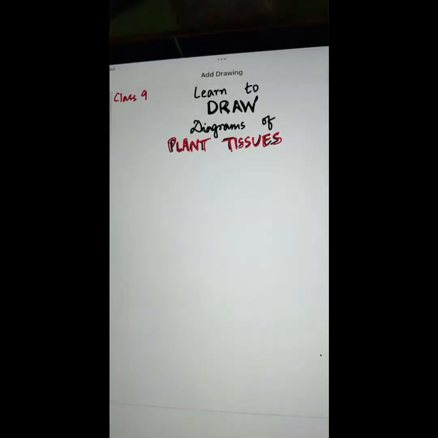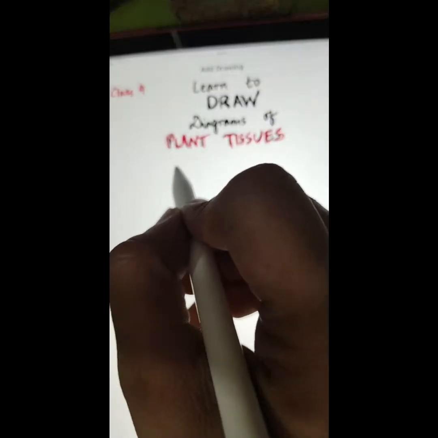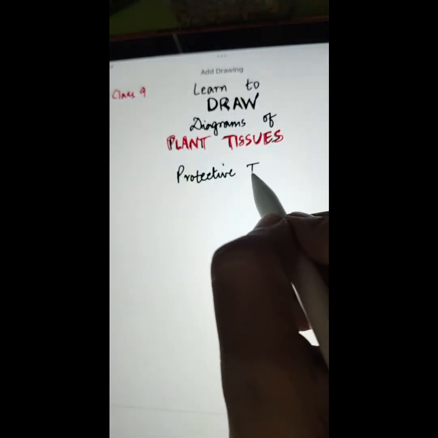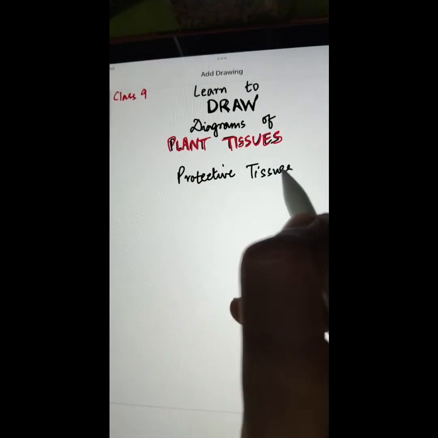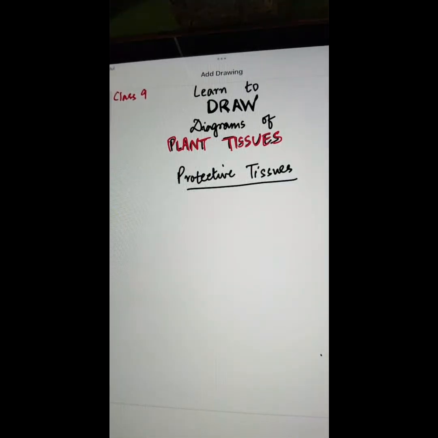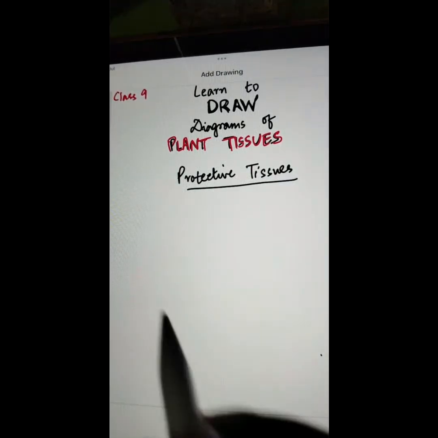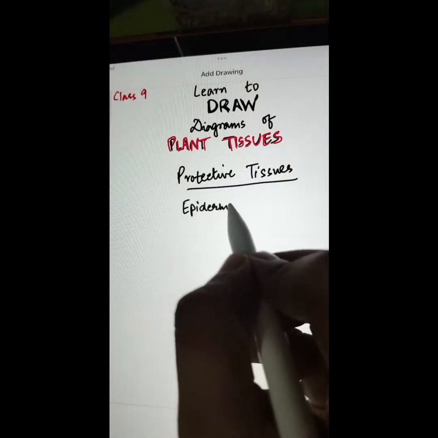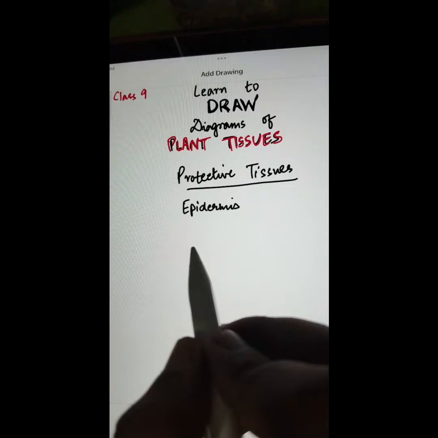Now, in certain schools, protective tissues are also being taught. Protective tissues are a part of plant tissues only. So in this, epidermis comes. So let me quickly wind it up with these also.